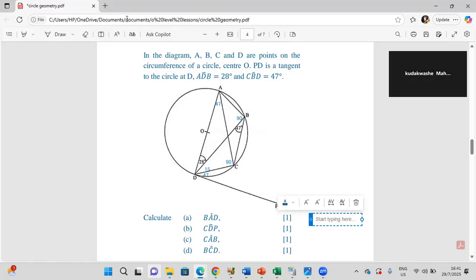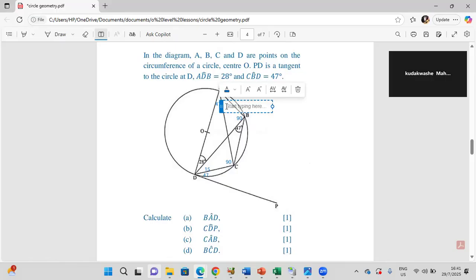So it means this one is also 15, because they are all sitting on the same chord BC there. So they form 15, 15. So the angle that we want here is 15.